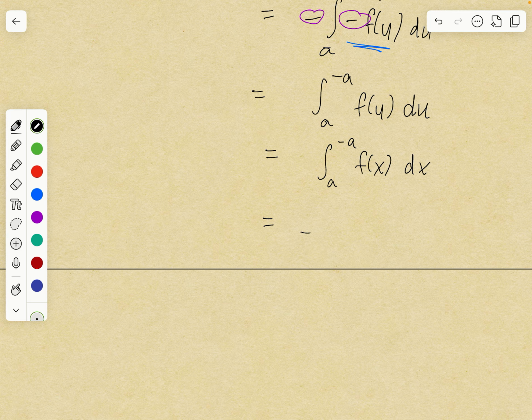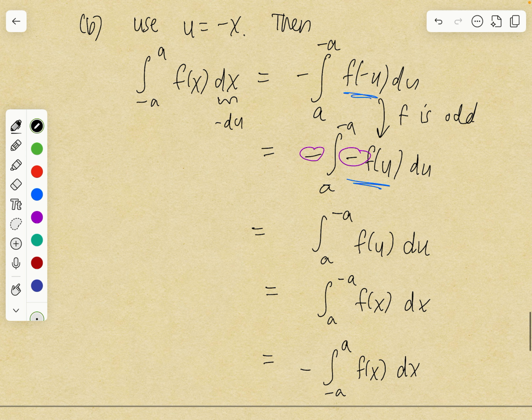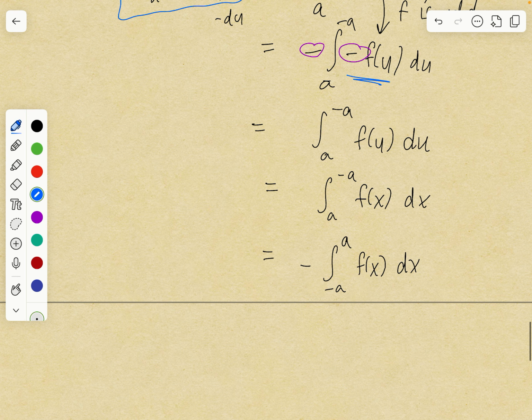So I'm going to get a minus integral from negative a to a. So what did we do? We've shown that this integral from negative a to a of f is equal to minus the integral from negative a to a.